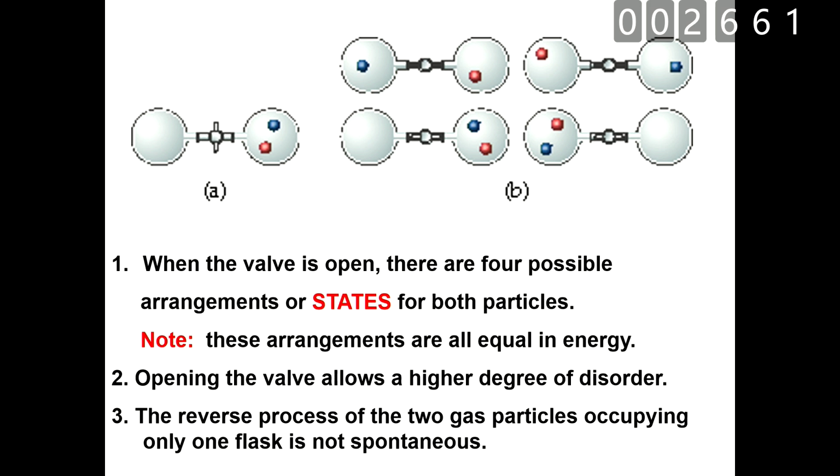But in the solid state, they can't move, they have few arrangements. So the substance in solution has more disorder than in solid, right? Okay. So this is about the disorder.